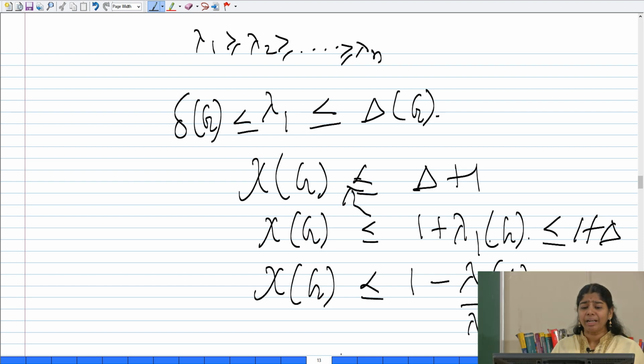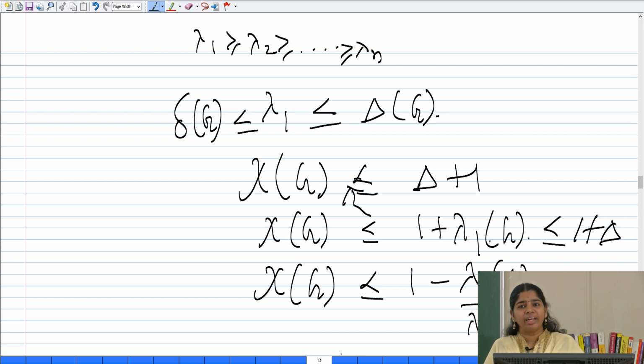Another application of the spectrum of the adjacency matrix, or actually should I say, the place where it started. Energy is one concept where it started with mathematical chemists, when they were studying hydrocarbons and their boiling points and all those things.